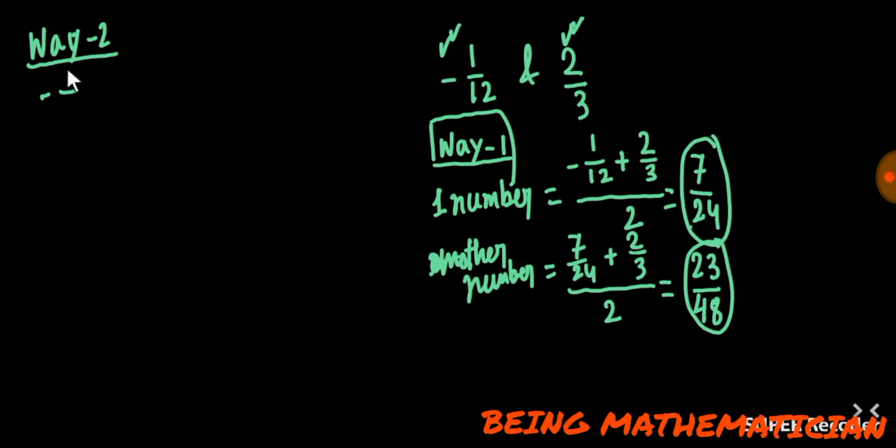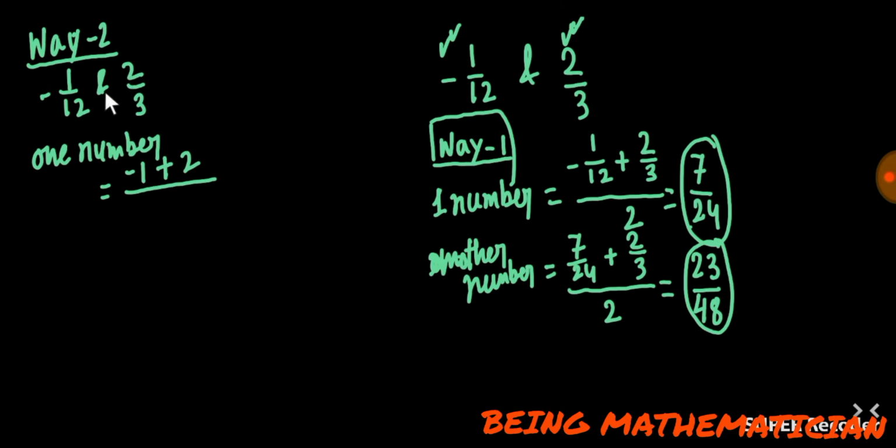The given rational numbers are minus 1 by 12 and 2 by 3. To get one number, we apply this process: minus 1 plus 2, just adding their numerators as well as adding their denominators. Then we get the number 1 by 15, which is between minus 1 by 12 and 2 by 3.